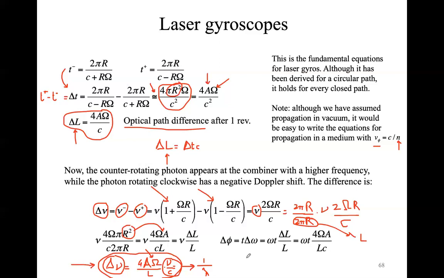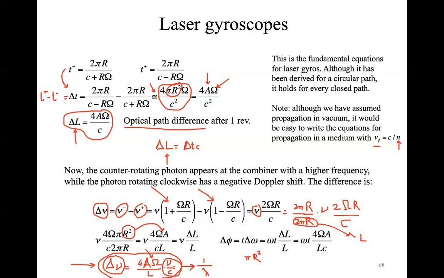Since the area is pi r squared, if you increase R, you're also going to increase L. You're always able to increase the sensitivity of your instrument, but you have to be careful that increasing A means increasing the size of the gyroscope.